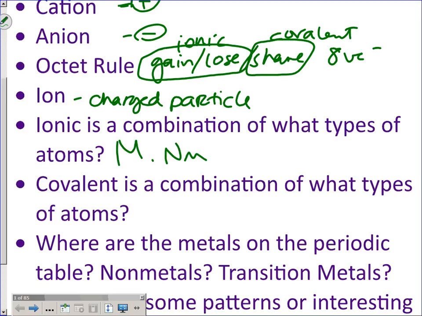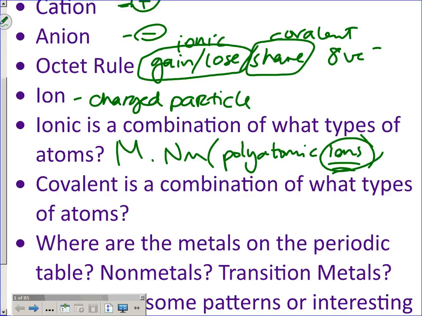We're going to learn today that we're also going to have polyatomic ions that come into play as well. But when you hear the word ion, what are you probably thinking? What kind of compounds is an ion going to take part in? Say again? So if I'm an ion, am I going to be in a covalent compound? I'm going to be in an ionic compound, right?